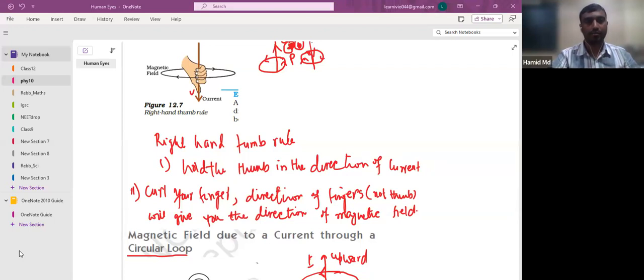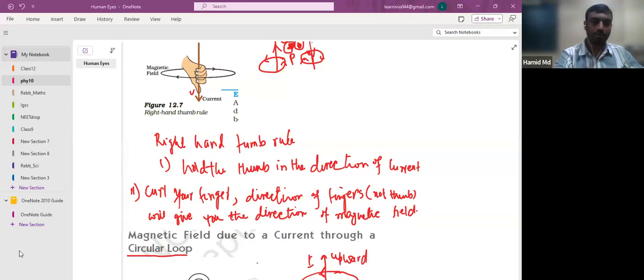Rizwan, will you improve your definition now? Madiha, what is the right hand thumb rule?